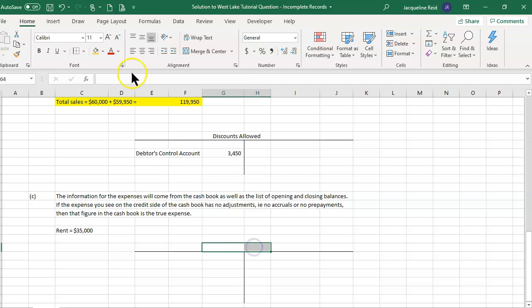Now, the first thing you need to know is that in this expense account, so this is just a template that I'm creating, if the expense opens the year with money owing, meaning that you have accrued expenses at the beginning of the year, these accrued expenses are liabilities. So the opening balances for accrued expenses must be credited.